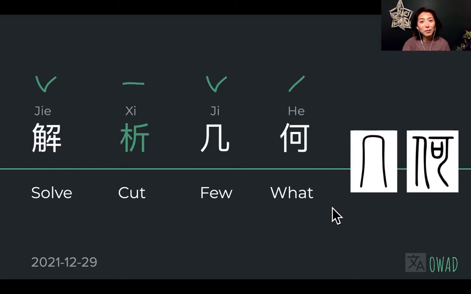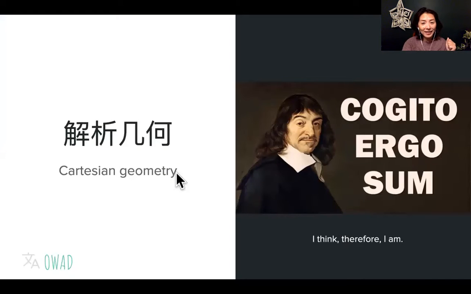Okay, so some smart translator used this to express the concept of Cartesian. Descartes, okay, this dude, Descartes, mathematician in the 17th century, came up with this system of geometry called analytic geometry.